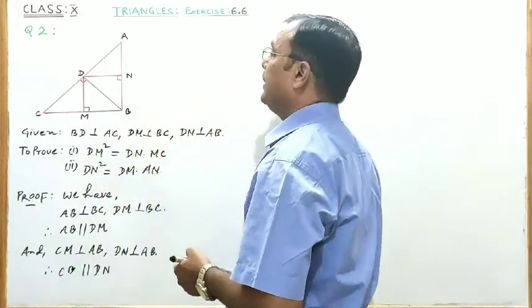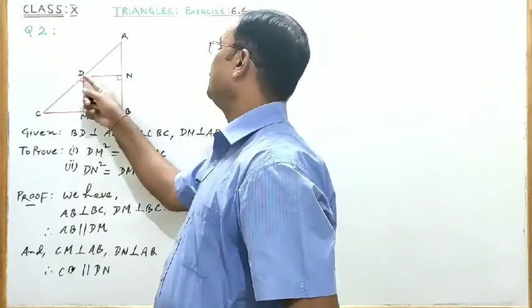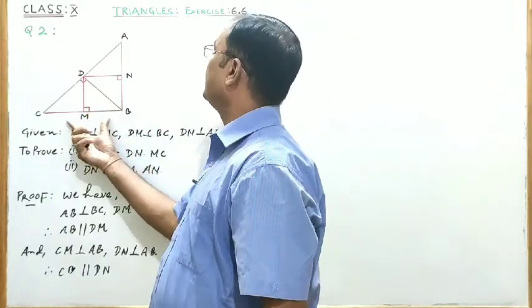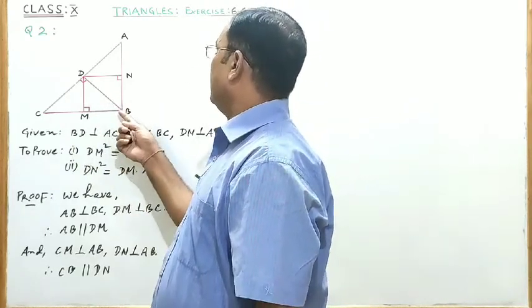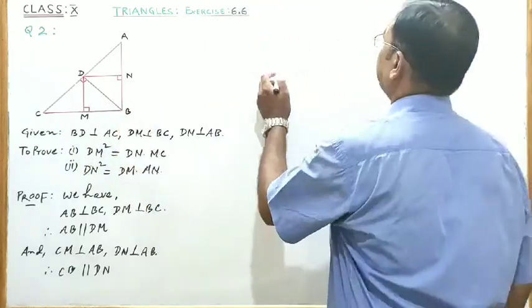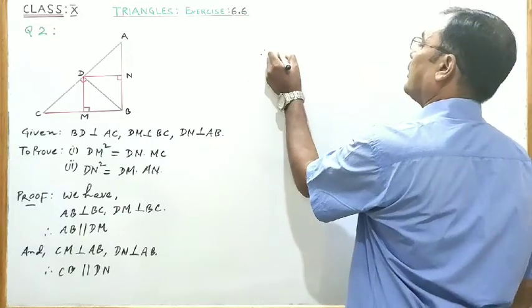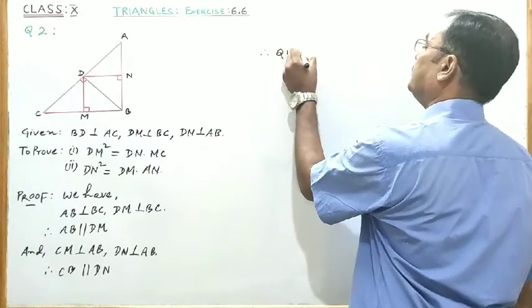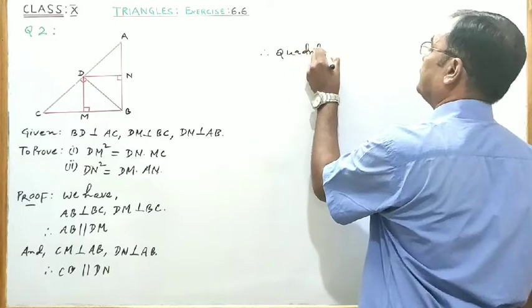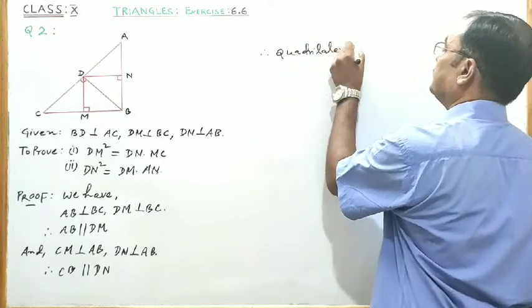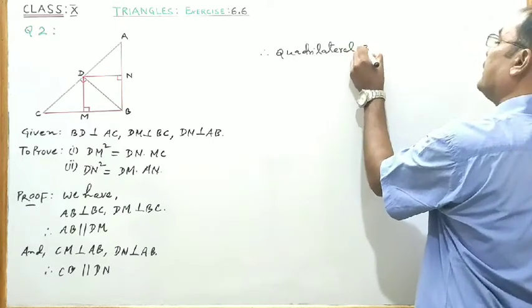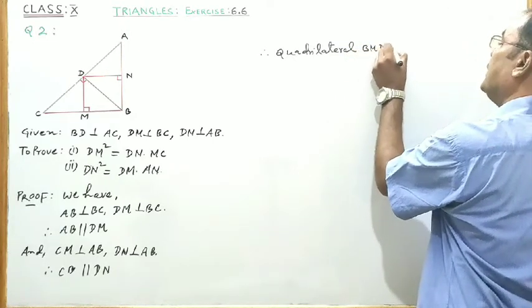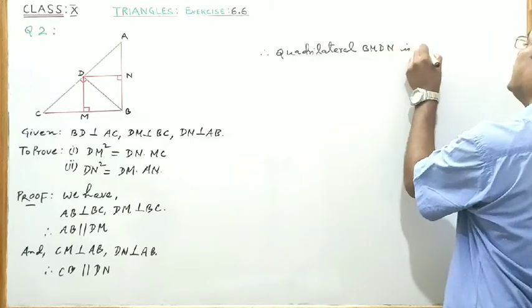So this way AB is parallel to DM and BC is parallel to DN. Therefore, quadrilateral BMDN is a rectangle.